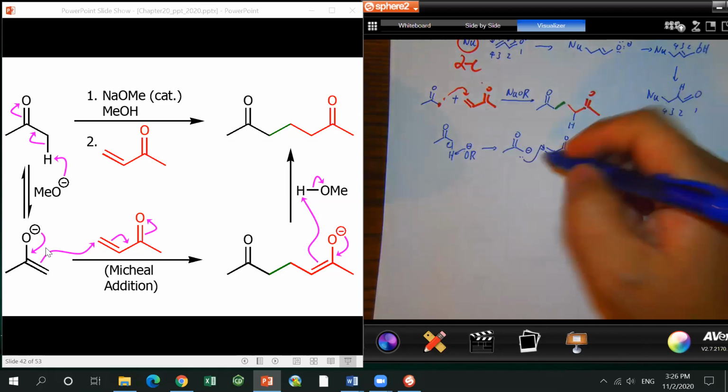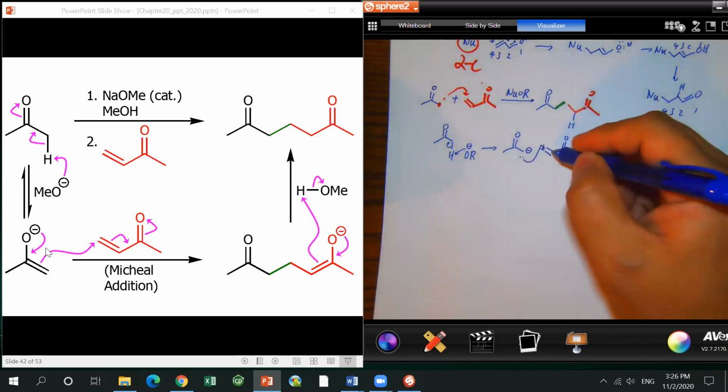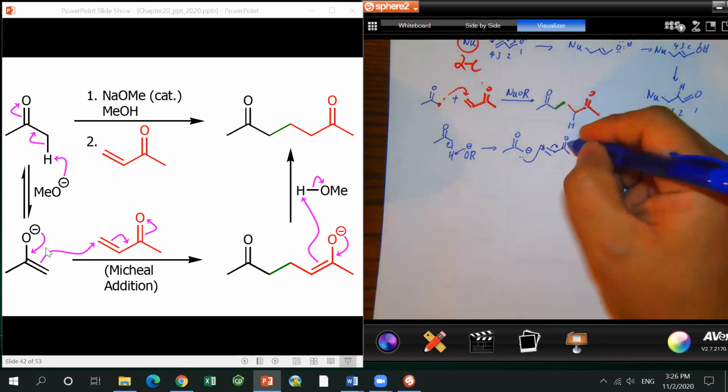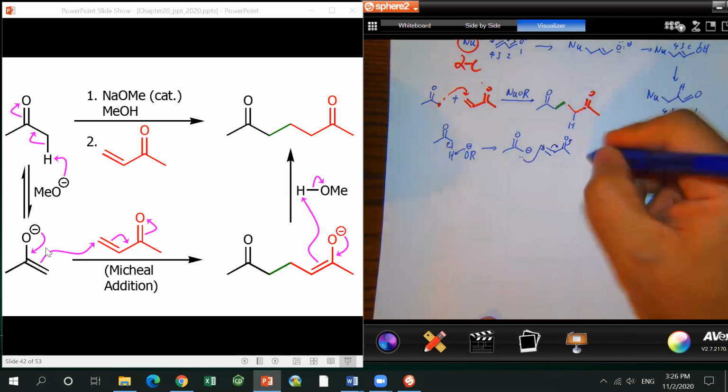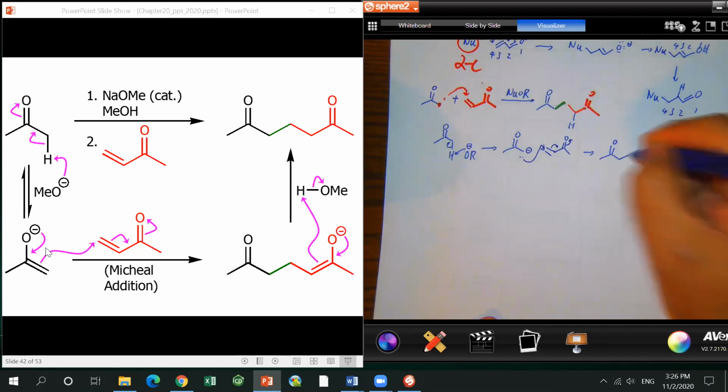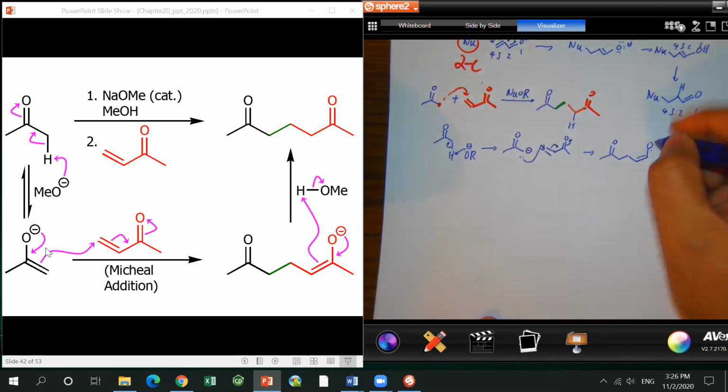So this one attacks the fourth carbon, and then you shift the electrons like this. You can add a lone pair of electrons.